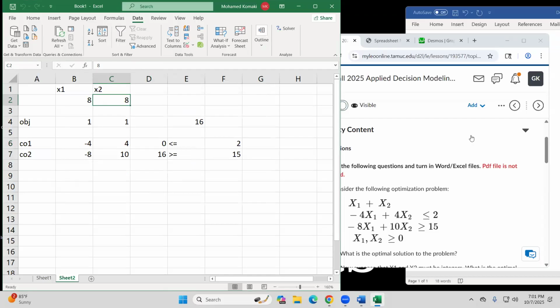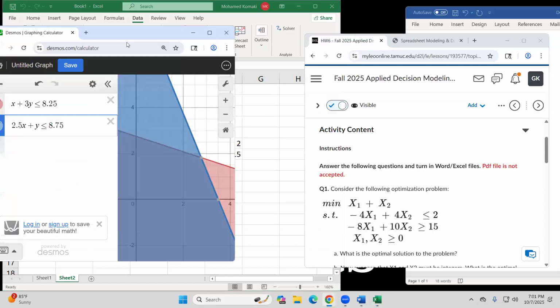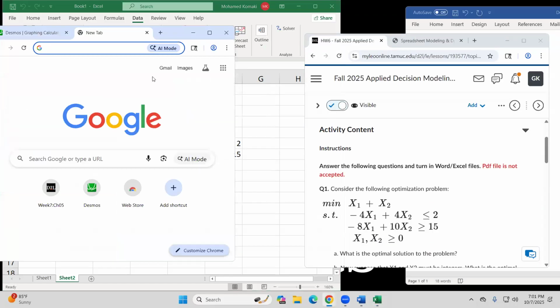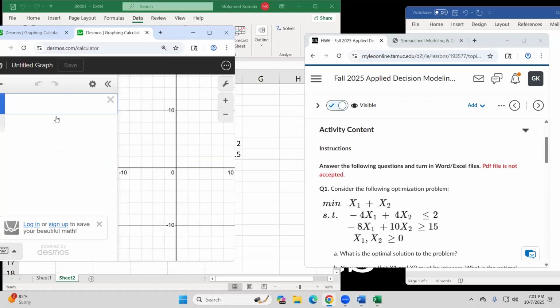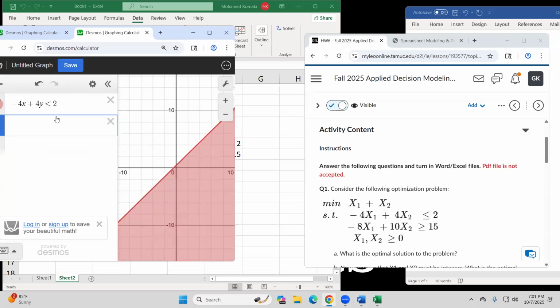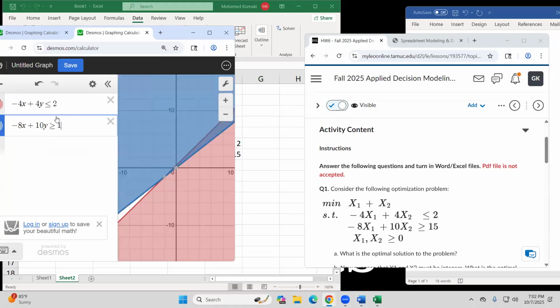So that's very interesting to look at the structure of this problem as well. If you go to Desmos, you can see -4x plus 4y is less than or equal to 2, minus x plus 10y is greater or equal to 50.